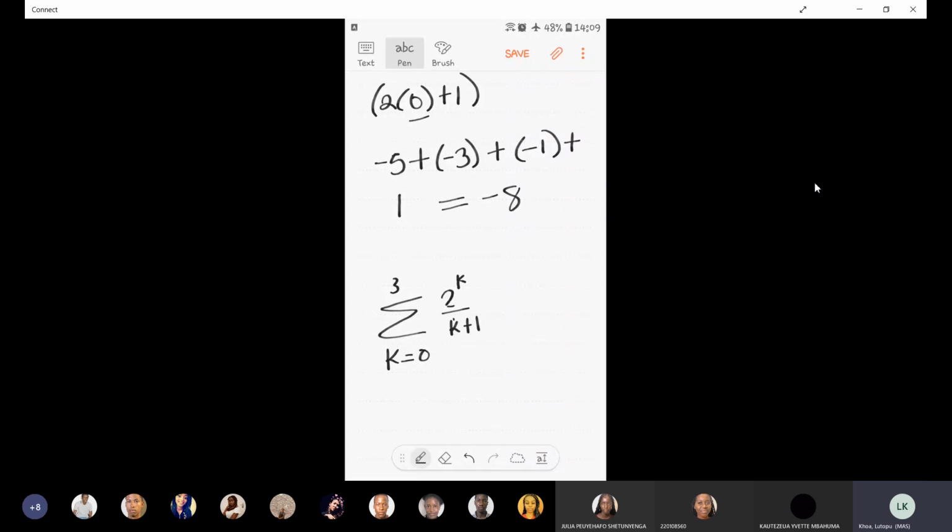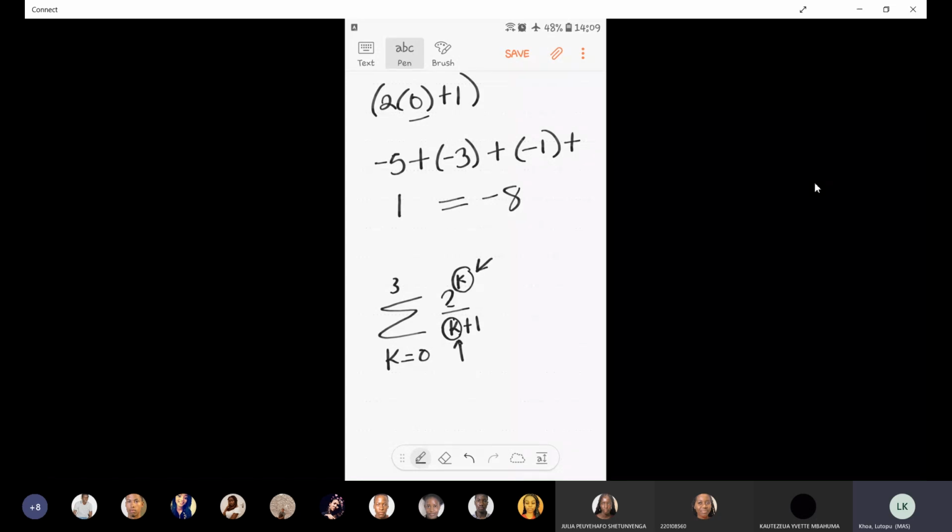Okay, so when we work this one out, we do it in exactly the same way. Now you'll notice what is different here is k appears in more than one place. There's a k over there, and there's a k over there as well.